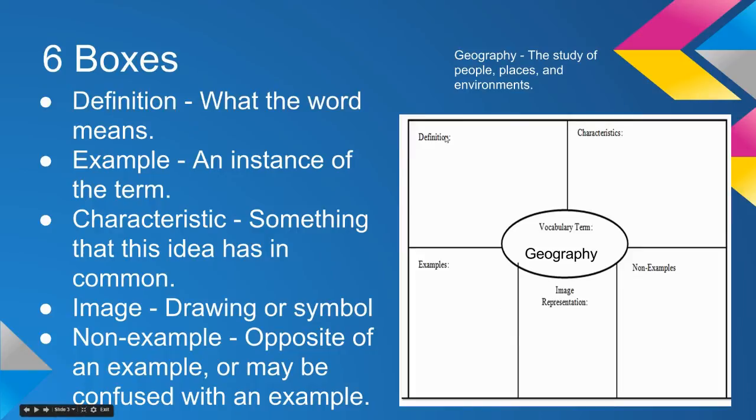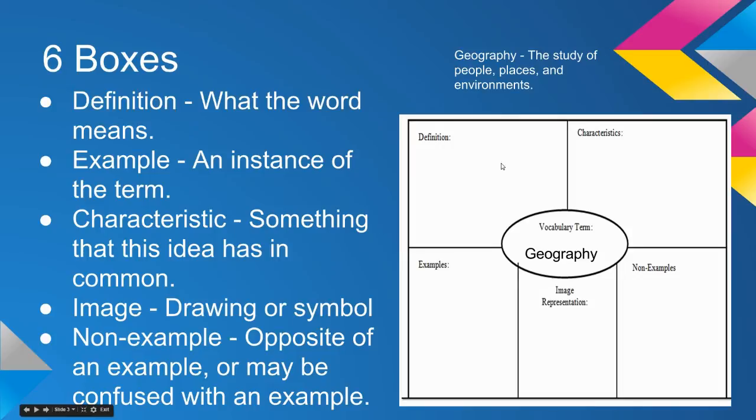So again, I just want to talk about what goes in each of these boxes of the Frayer model. At the center of the Frayer model, we want to put the vocabulary term, and this is the term we're trying to better understand, we're trying to learn, and then we're also trying to remember.